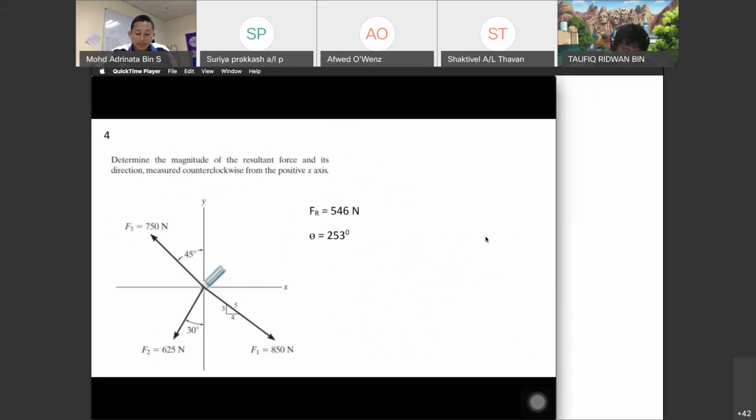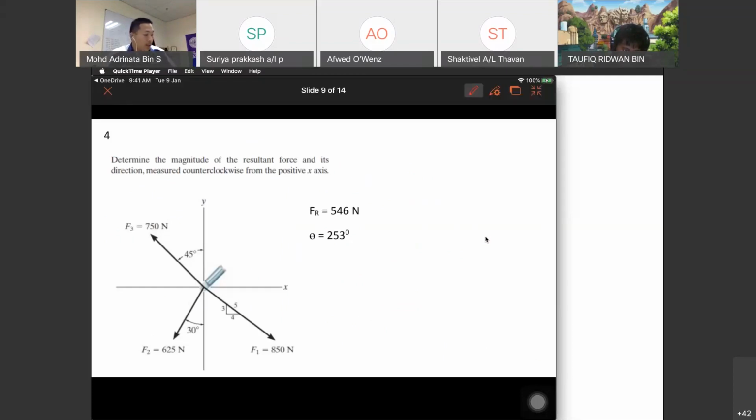Okay, question number 4. This question needs us to break into X and Y. We have F1, F2, F3, and everything is given, so you can answer with all the forces given.